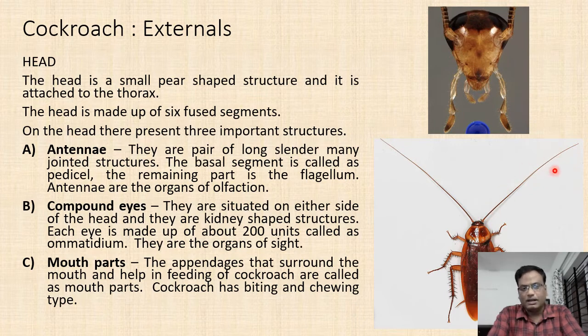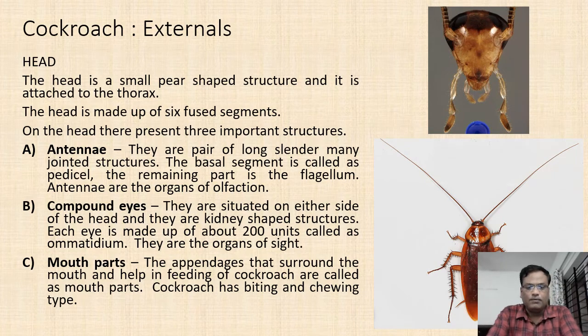Now this antenna is a sense organ. It acts like a sense of olfaction. So you can consider it like it senses the smell of the food. Okay, so that is the function of the antenna. Cockroach uses its antenna to identify the food, identify the mate, and identify the animals, etc. So basically antenna is a structure of sense of smell.